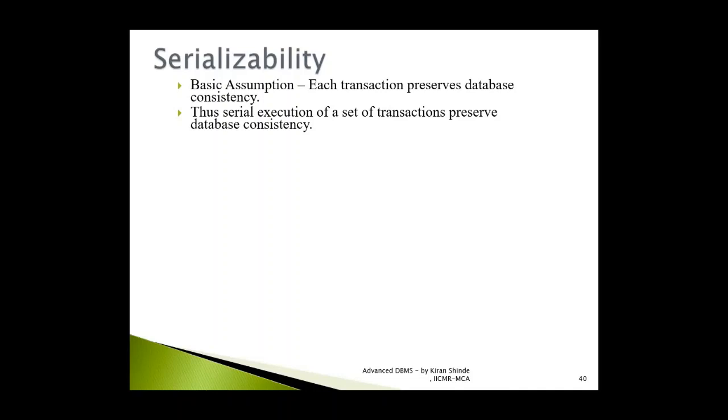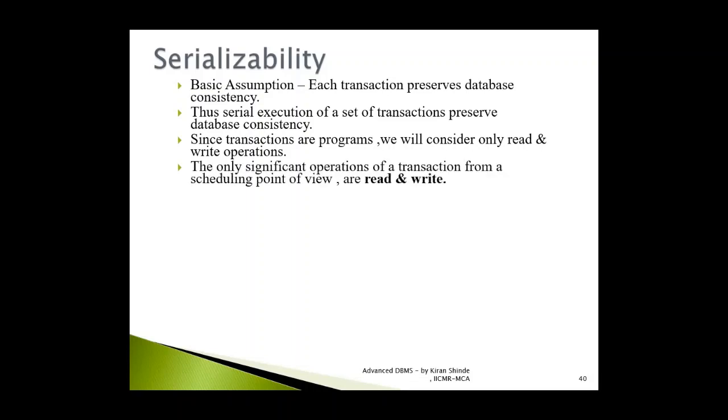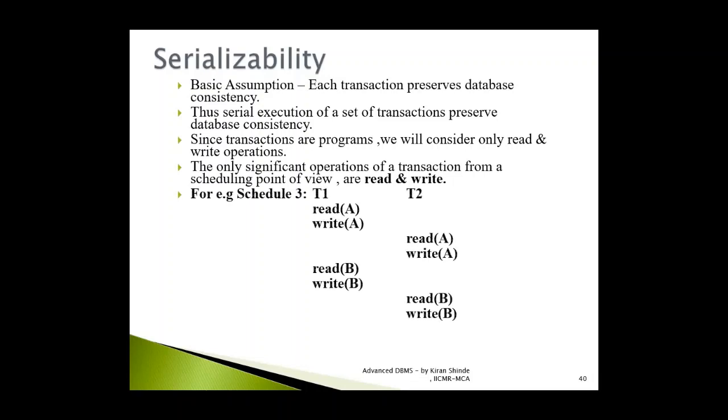We need to see that every transaction included in the schedule preserves database consistency, and when we discussed the ACID properties, I explained what preserving a data consistency constraint means. Since transactions are programs, we will consider here only read and write operations. The only significant operations of a transaction from the scheduling point of view are read and write.